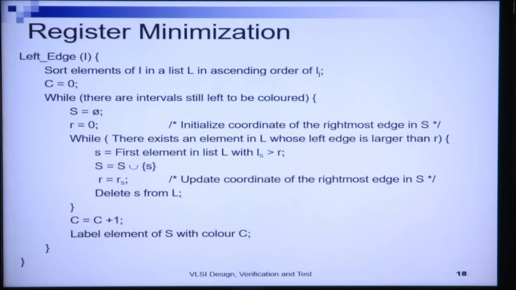Okay. So, label all elements of S with color C. Then all these temporary registers are allocated to the same hardware register having color C. This loop will then continue until all temporary registers have been allocated hardware registers.